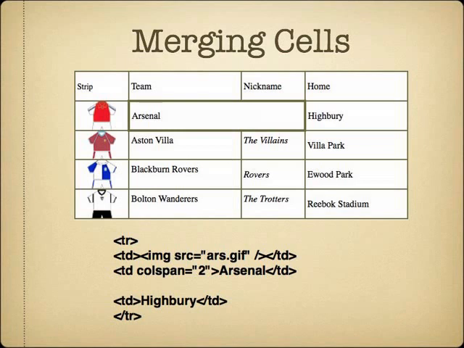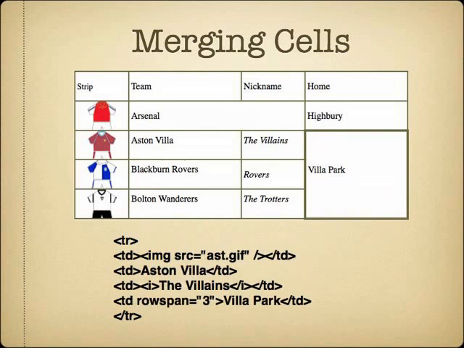If we had nothing there, it would be just the same as having colspan equals 1. When we say colspan equals 2, it spreads across 2 columns. And then finally in this row, we have TD Highbury /TD for the last cell. So this row now only has 3 cells, but one cell spans across 2 columns. So the row is still the same width.